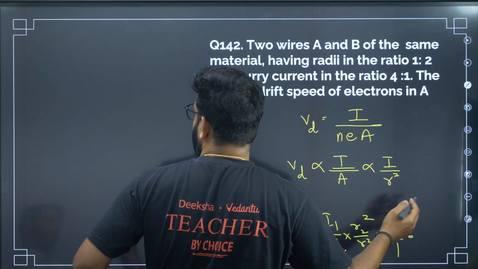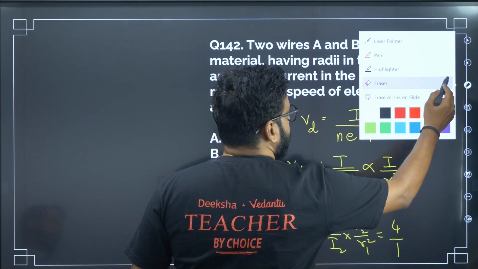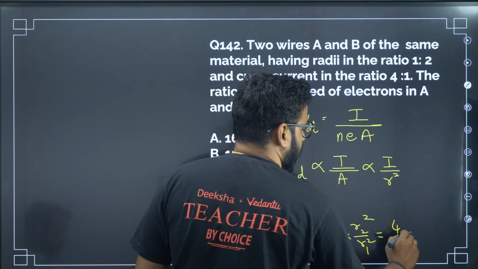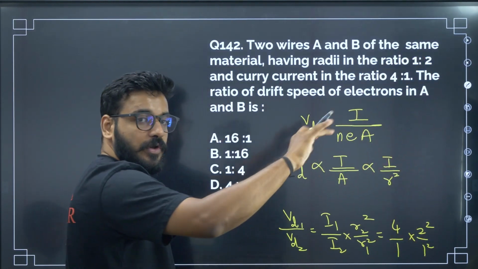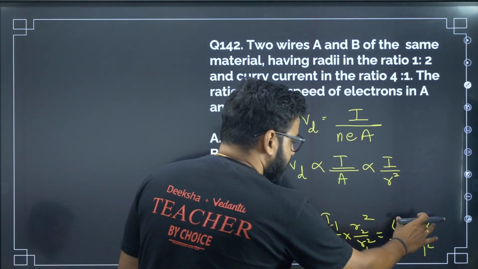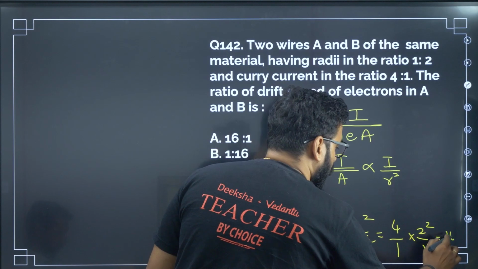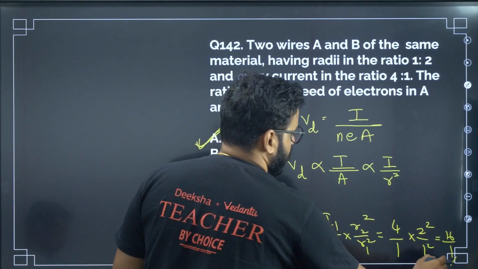That means when you take the opposite, R2 by R1 just flips. When you flip it, R2 by R1 will become 2:1, so 2 square by 1 square. So ultimately you will get 16 in the numerator and 1 in the denominator. So the correct answer is option A, 16:1.